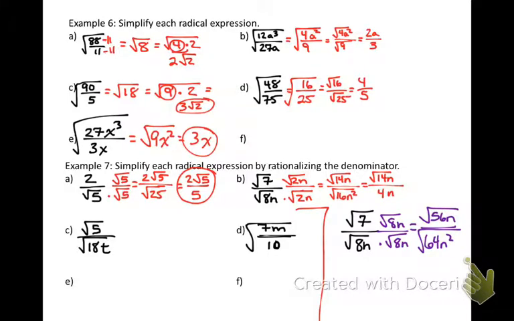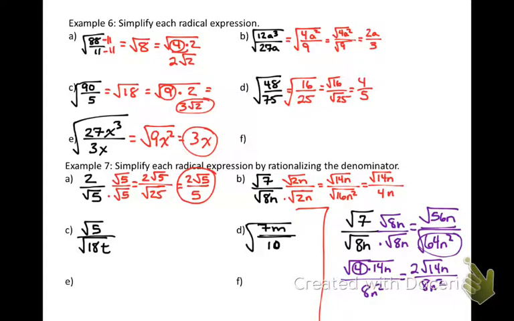Now I could break up 56n, and I know that 4 goes into it. So I'm sorry, I have to bring it down. So it would be 4 times 14n over, I'm unsquaring this immediately, so it's 8n. Square root of 4 is 2, square root of 14n, and then 8n.